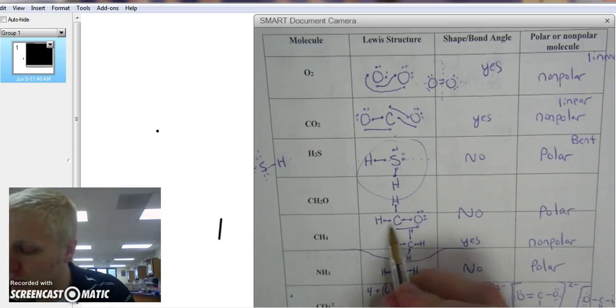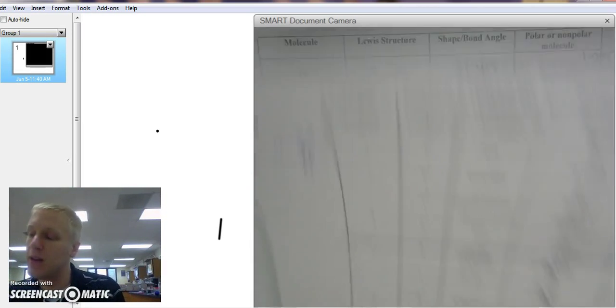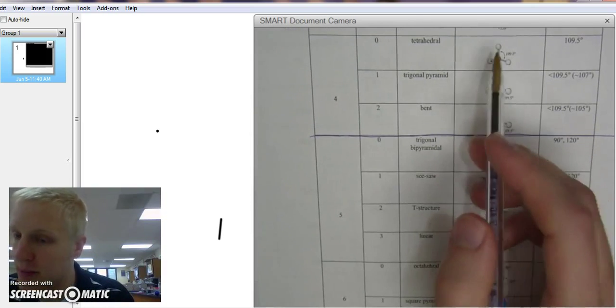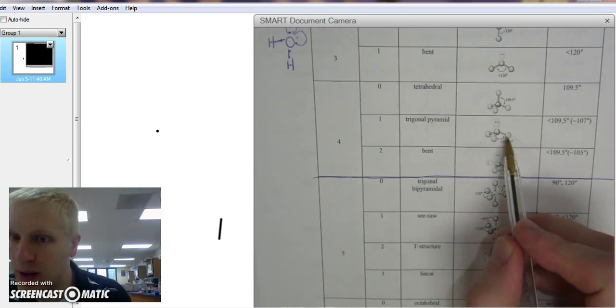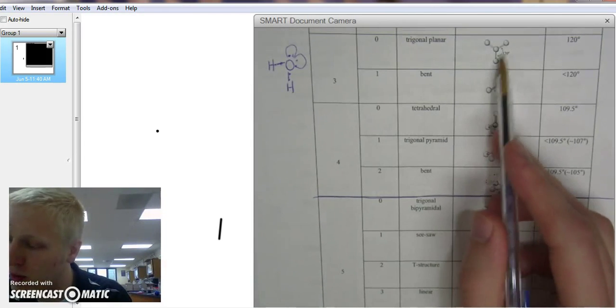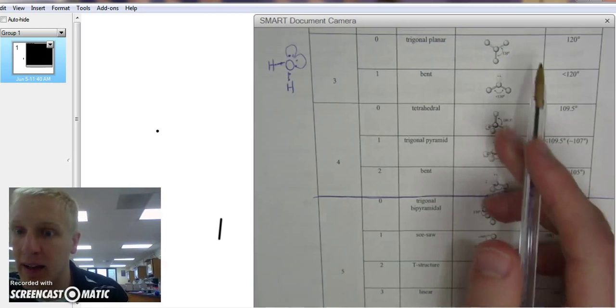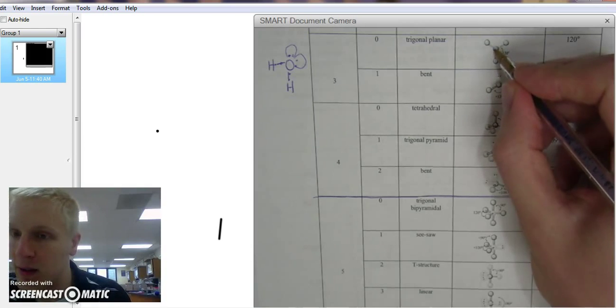Moving on to the next one, we have 3 outer atoms. That could either be trigonal pyramidal or trigonal planar. Either or. Again, the difference is, if it's planar, it has 0 lone pairs.